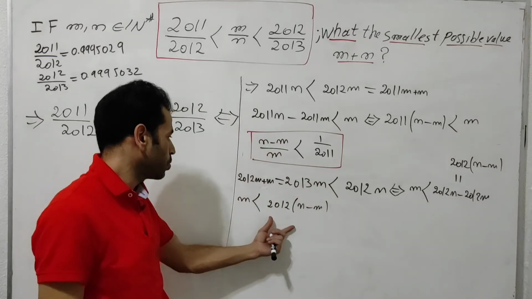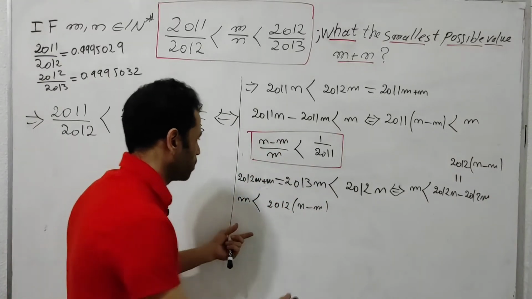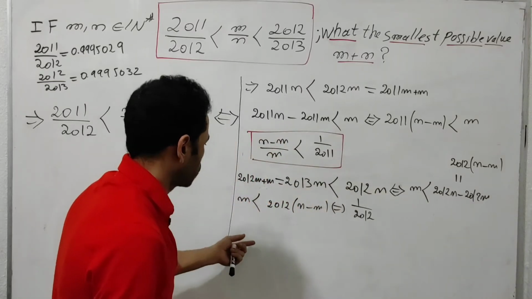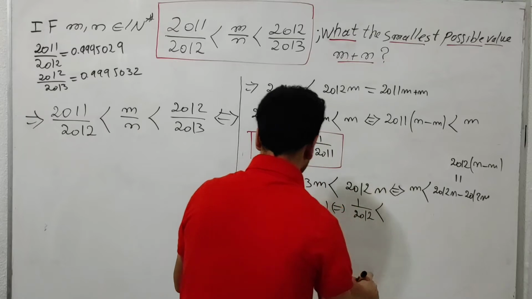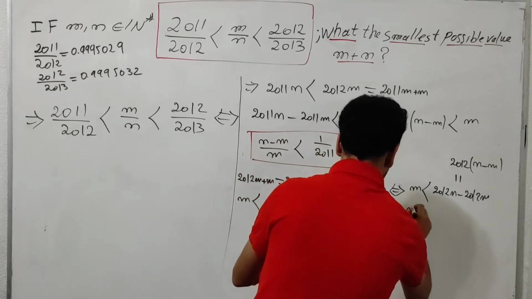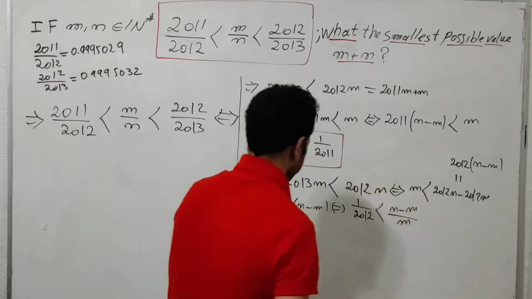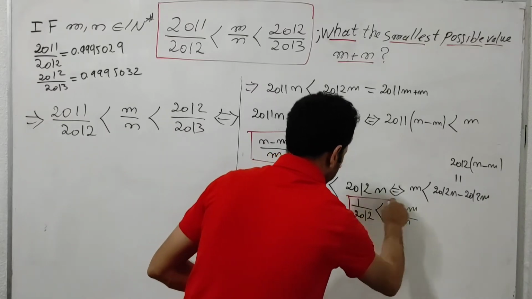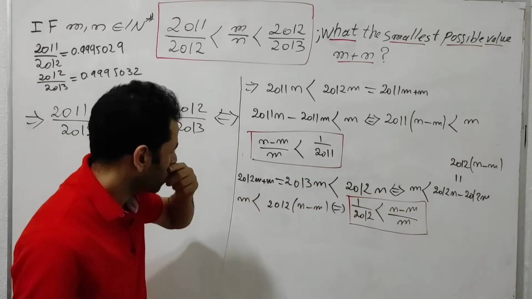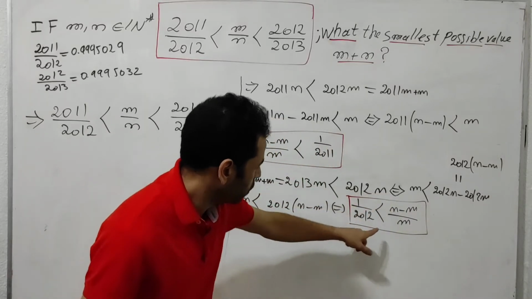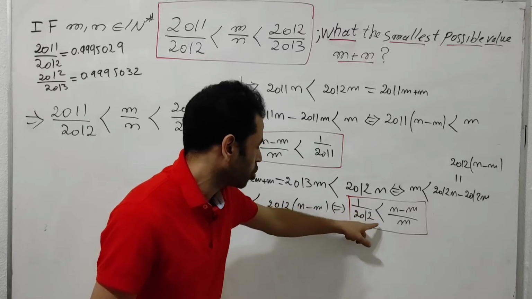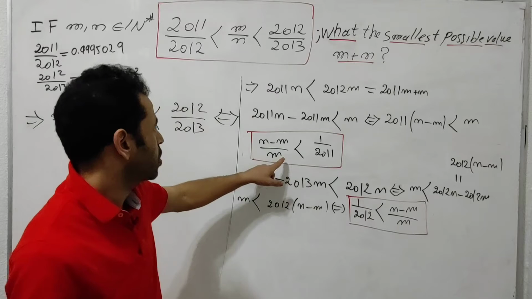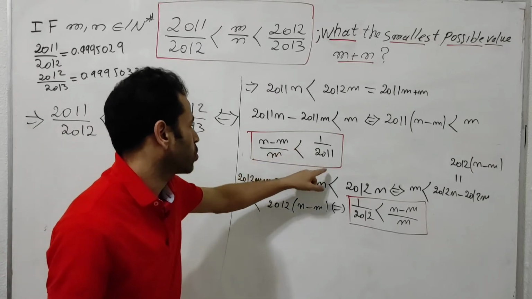Now I'm going to divide both sides by 2012 m, so I get 1 over 2012 is strictly inferior to n minus m over m. Here is the second inequality. This number, n minus m over m, is strictly inferior to 1 over 2011.